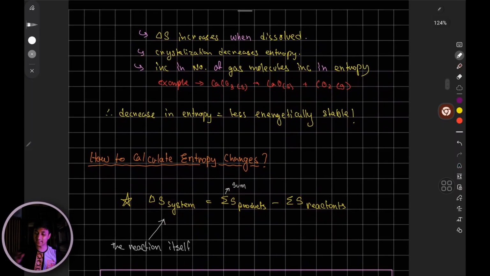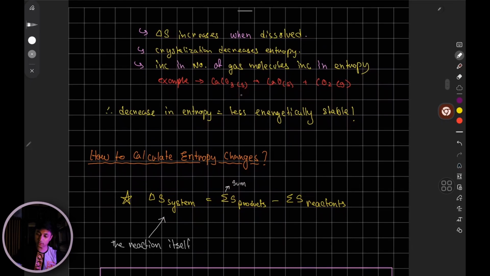In that case, we found out that calcium carbonate going from one reactant, a solid, to forming two products, one a solid and one a gas, is a process where the entropy increases. That means the energy is far more distributed. That means your system is now more stable due to increased disorder and due to increased distribution of the energy.